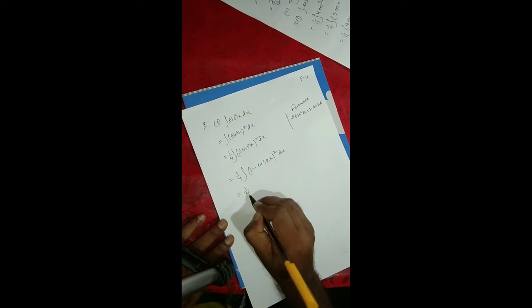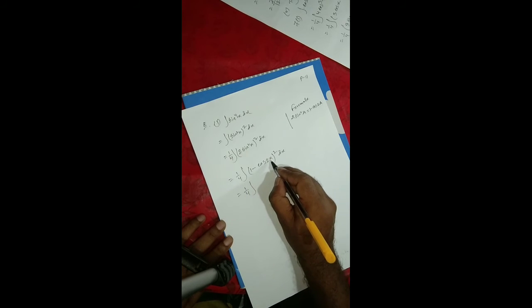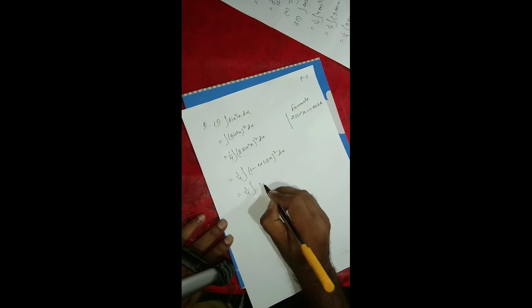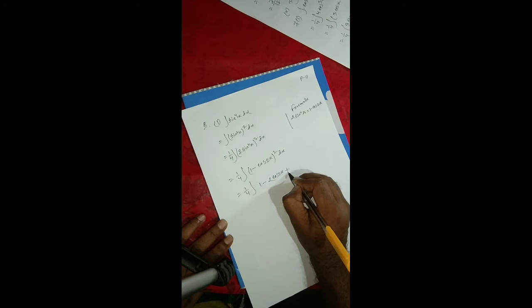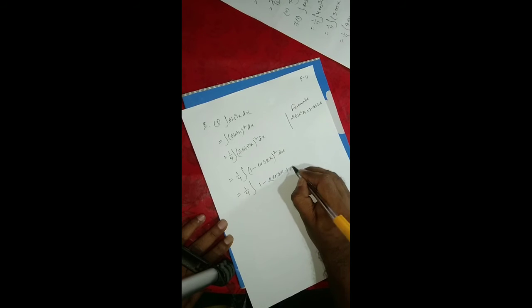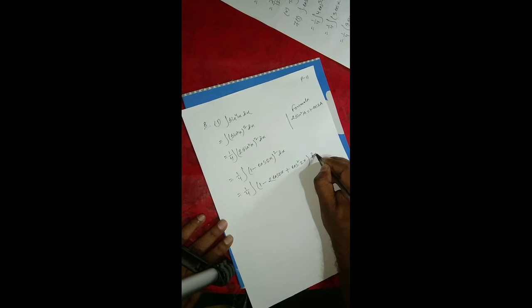1 by 4. 1 is a and cos 2x is b. A minus b whole square. A square minus 2ab, that means cos 2x, plus b square, it's cos square 2x, whole d of x.